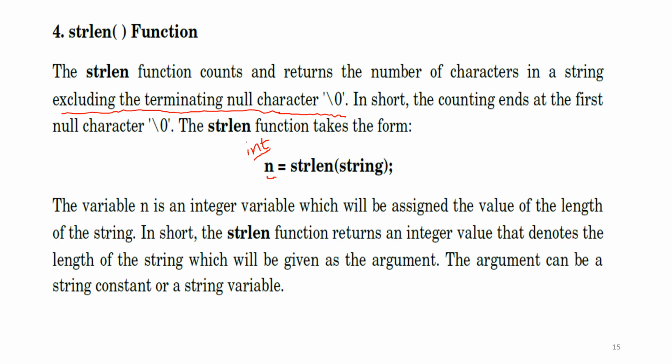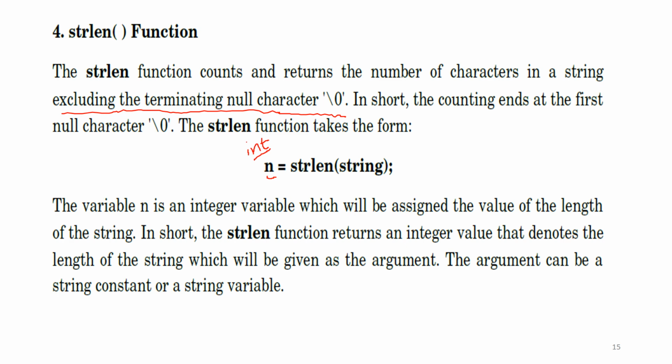So the data type of this n should be integer data type. The function returns the length of the string and it is assigned to an integer variable, that is n equal to strlen within simple parenthesis the string whose length is to be counted, then a semicolon.